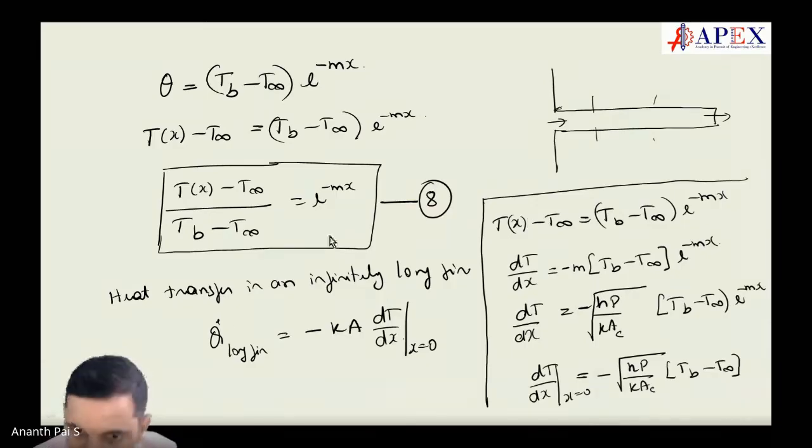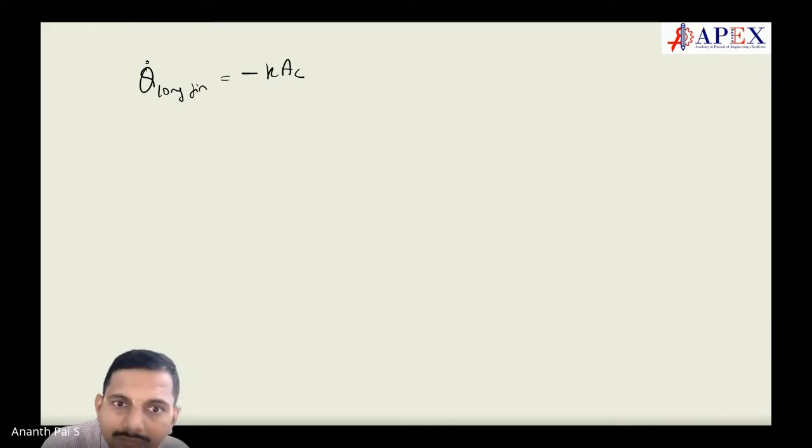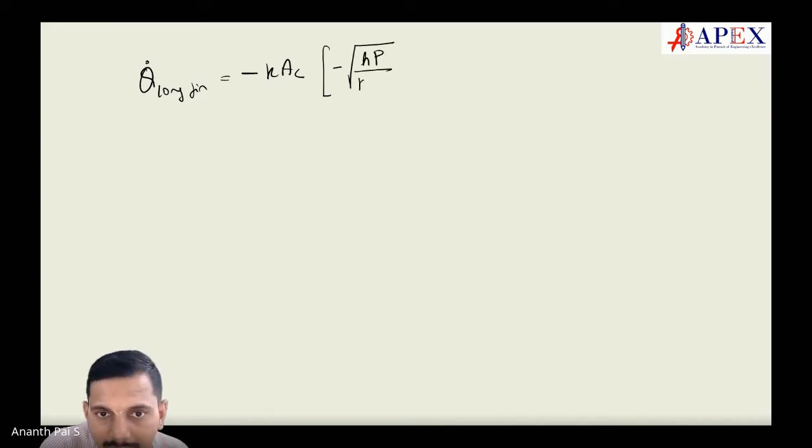So now we are going to apply this. Q dot of a long fin is equal to minus k A_c into dT by dx. What we have got for dT by dx is minus root of h P by k A_c into (T_b minus T infinity).